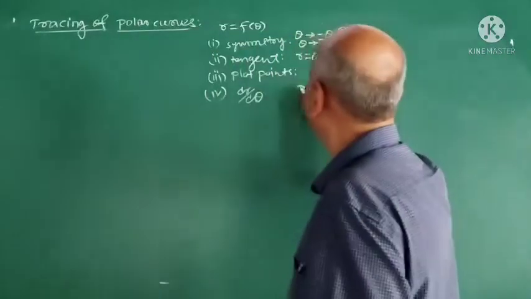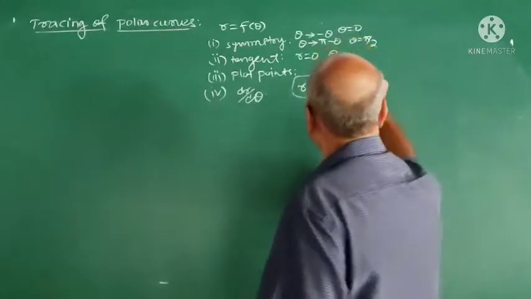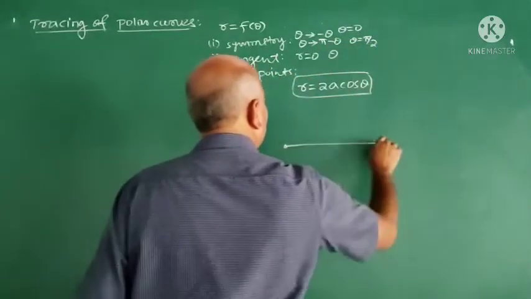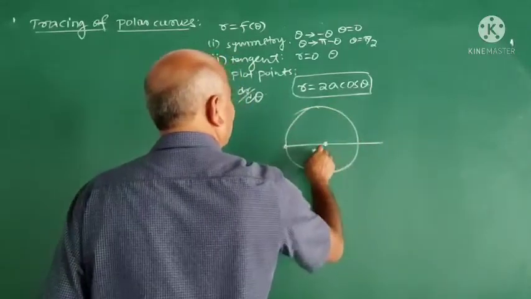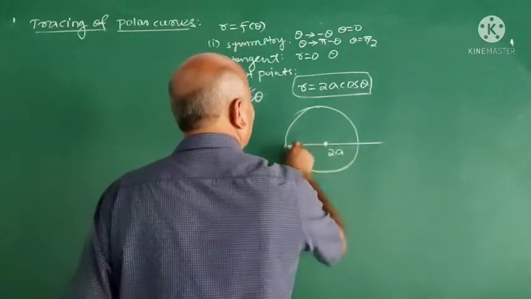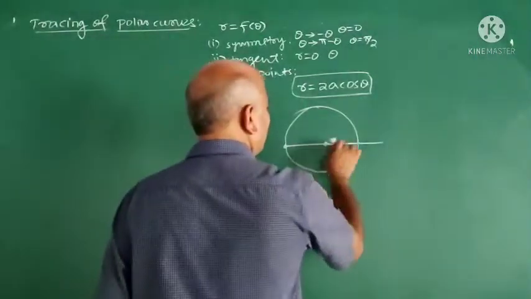I have taken these two examples. R is 2a cos theta. What does this represent? R is 2a cos theta represents a circle passing through origin, with center on the initial line, and the diameter is 2a.